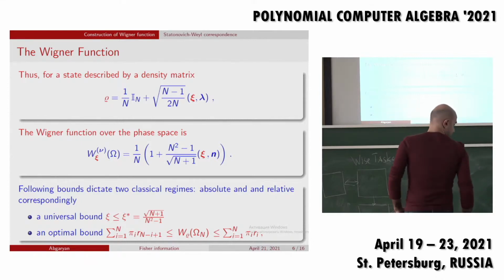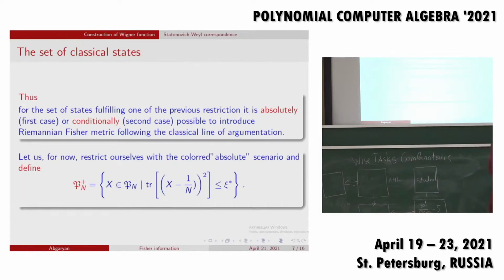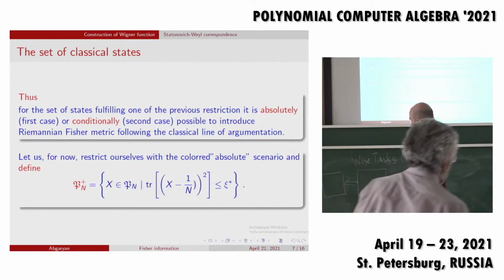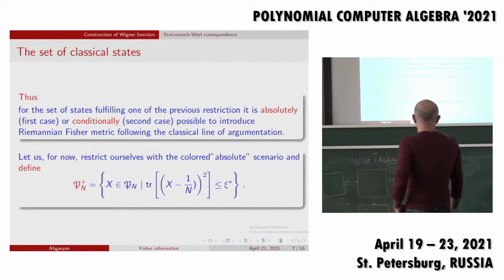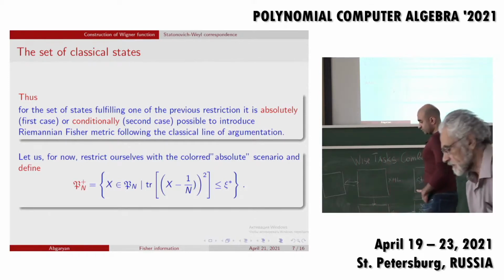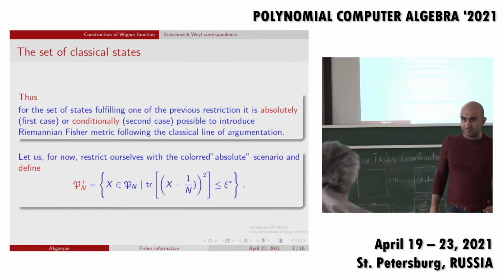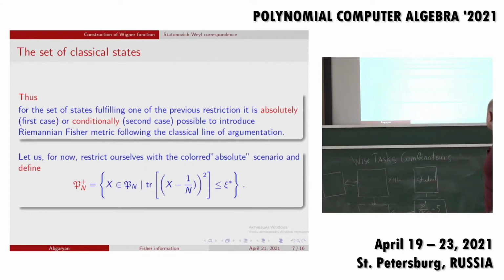We will restrict ourselves now only to the case when the block vector is shorter than psi asterisk. But it doesn't matter. Everything that I talk about might be done for the conditional case too. Basically, we define the Pn plus state space as the collection of elements from the state space which fulfill this requirement.